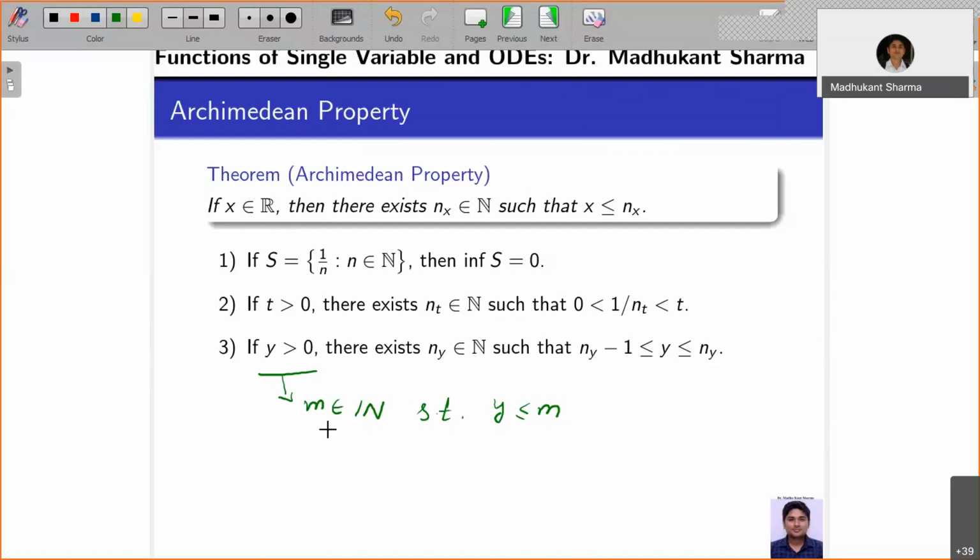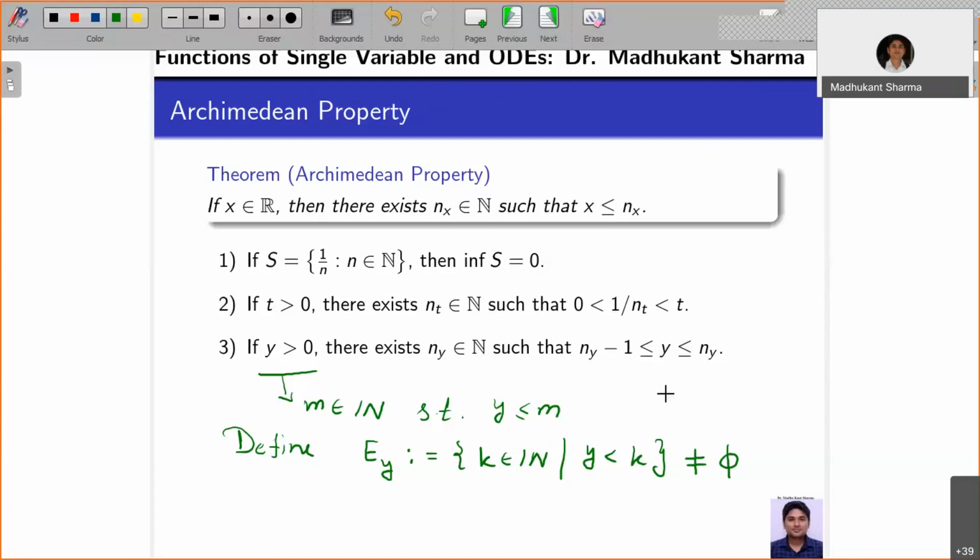Now by looking at this, you can define a set, which certainly depends on y, where you collect all the elements in the natural numbers such that y is less than or equal to k. The Archimedean property tells you that this is certainly non-empty, because you're always able to find an m such that y is less than or equal to m.